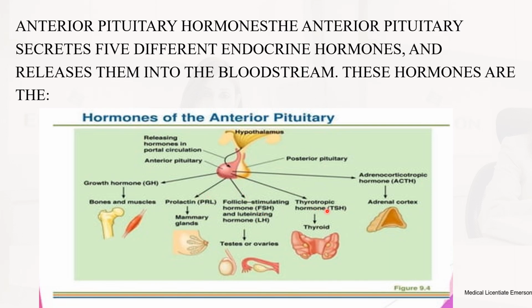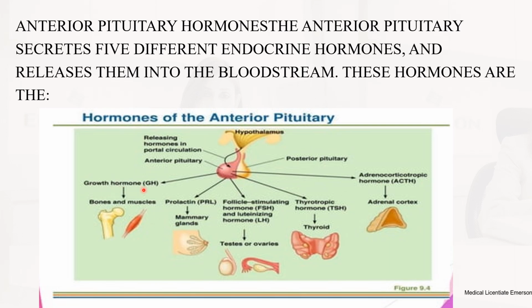You also have thyrotropic hormone. Then you have the adrenocorticotropic hormone, which is ACTH. So 1, 2, 3, 4, 5. These are the 5 hormones it secretes.